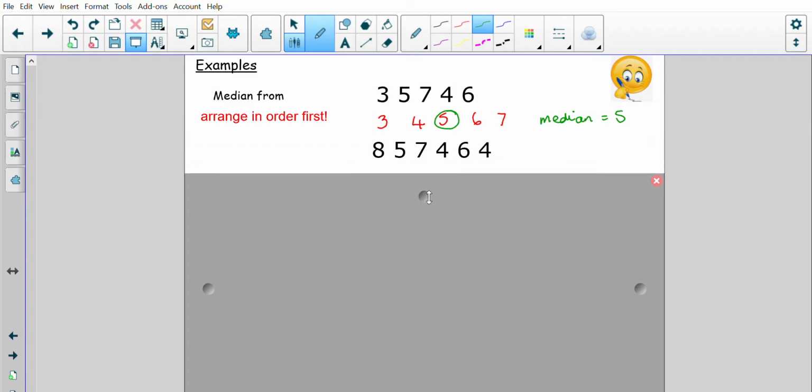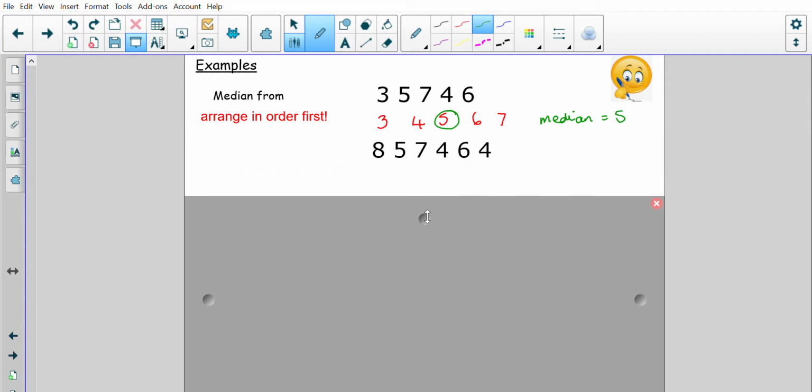Let's just have a look what happens with this data set. It's a slightly bigger data set this time. So I'm going to make sure I remember to put the numbers in order first. So I've got a 4 and then I've got another 4. Sometimes it's a good idea to cross them off as you go so you make sure you don't miss any. And there's a 5.